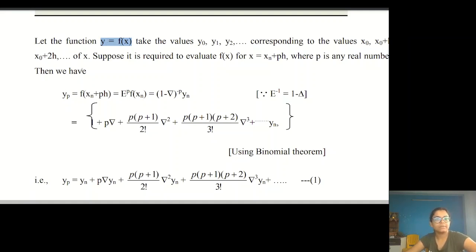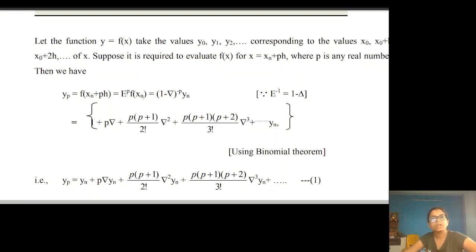Now, as we put the value x equals xn plus ph in f(x), we would get this relationship of e to the power p f(xn), yes, from the shift operator equation.